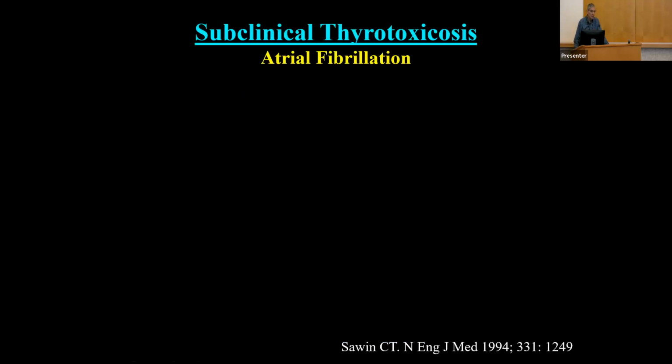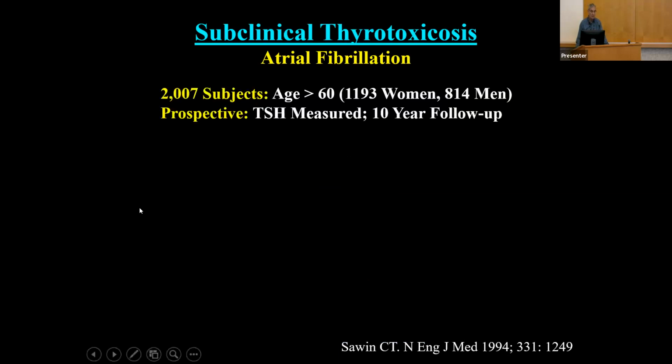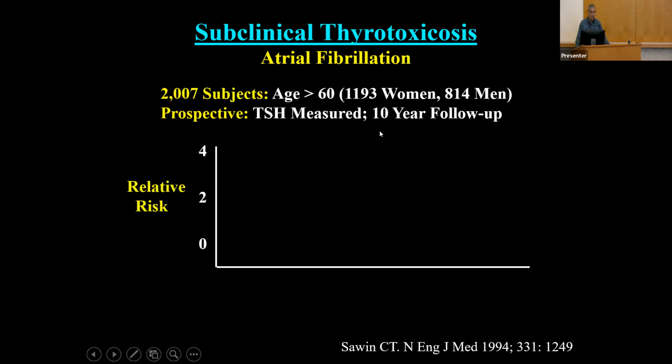But is it harmless? So here was a study out of the New England Journal a number of years ago, and there's been 5 since then that all replicate this. So I'm just going to show you this one. But those 2,000 subjects that they screened for labs, normal people, no symptoms, they measured their TSH, and they had a group that had a low TSH, and they did a 10-year follow-up.